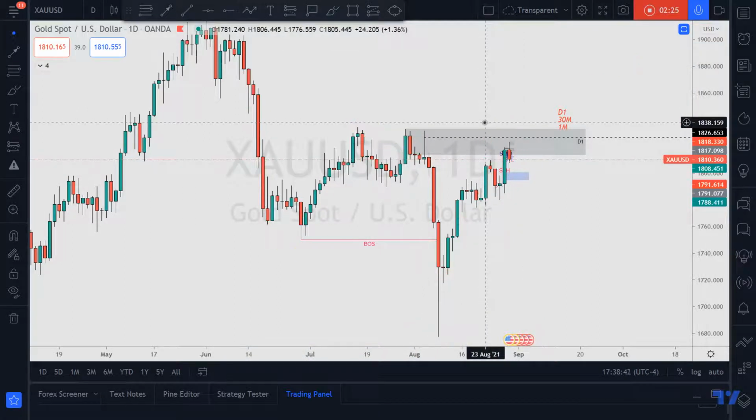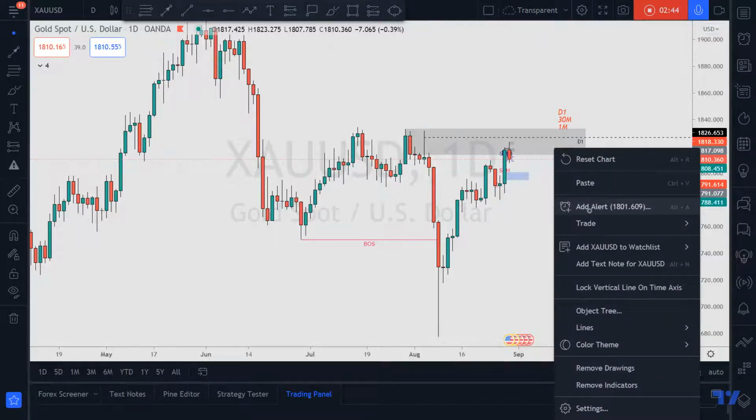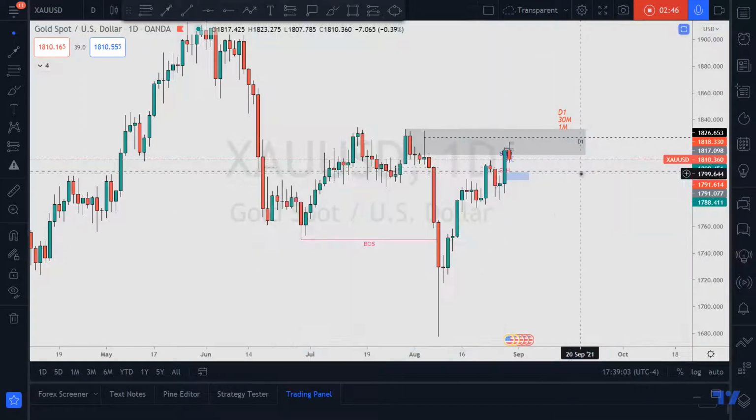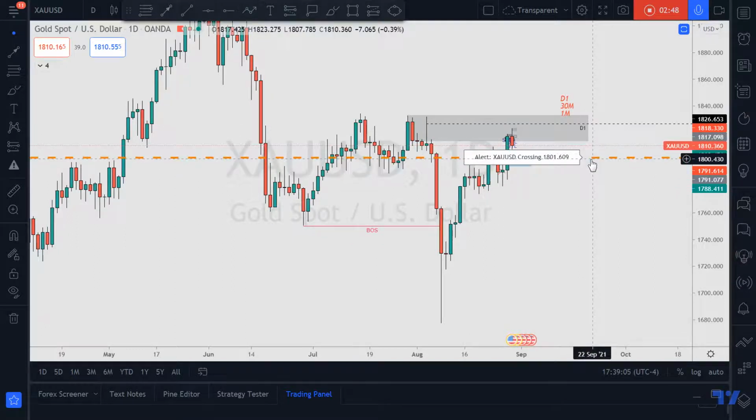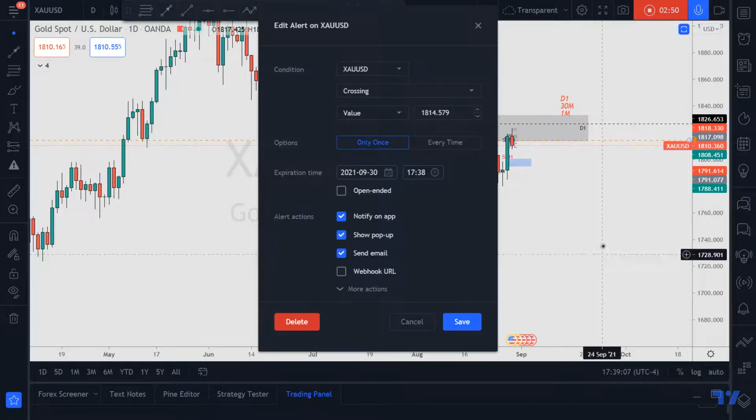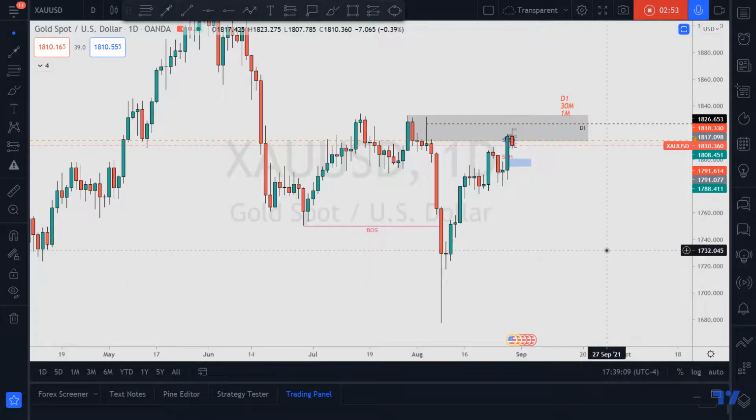So what do you do? How do you act on it? As soon as price hits your order block, you make sure you have an alert set here with TradingView. You just left click, left click, and click add alert, create it, make sure it's at the edge of your order block so that you get alerted when it gets there, right?